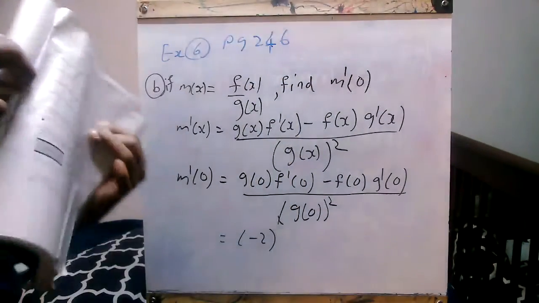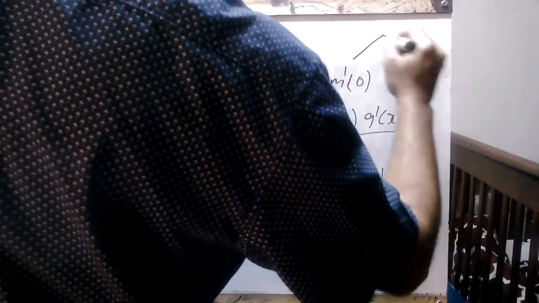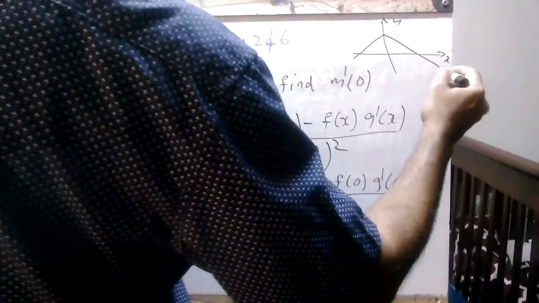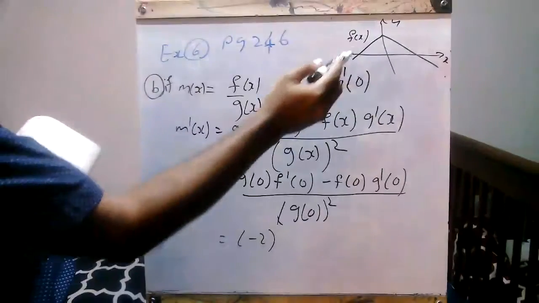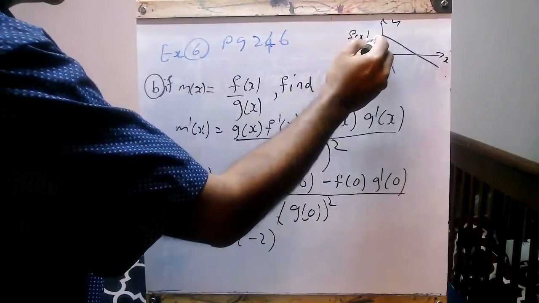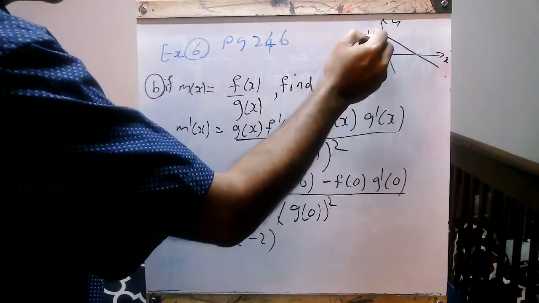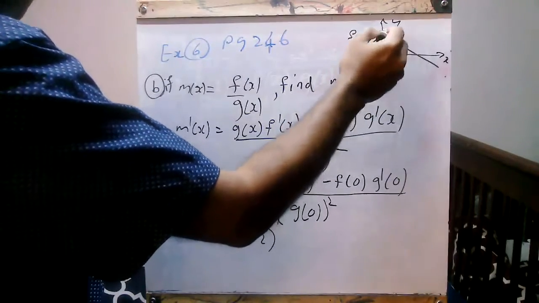I try to put it on the board. You see, this line is f(x), right? F'(x) means derivative of this, means the slope of this line. Slope of this line is like 2. This is like negative 1.